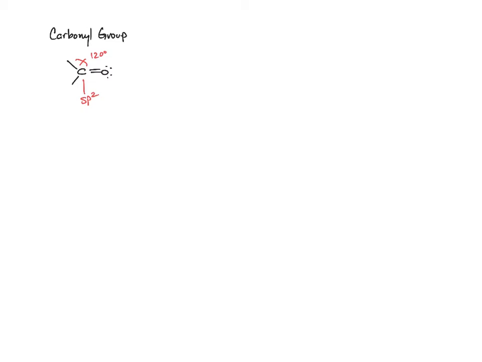And what is unique about the carbonyl group is we can draw a resonance form. So this double-headed arrow here, that's a resonance arrow. And if we do that, we keep track of our lone electron pairs.